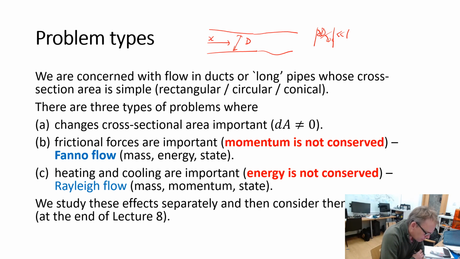Recapping lectures 6 and 7, there are 3 types of processes that are important. One is where the cross-sectional area change is important, like a Laval nozzle. Another is where frictional force is important, where momentum is not conserved, and heating and cooling are important, where energy is not conserved, as we've said before.